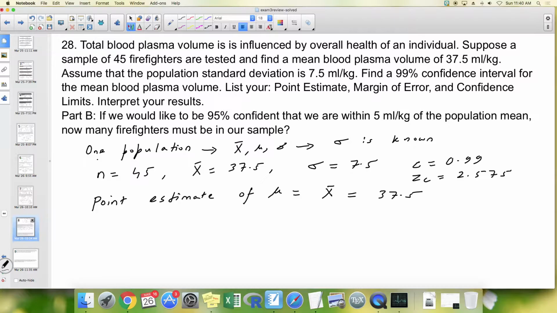Next, margin of error. That is E, for which the formula we know, and this will give us 2.8789.